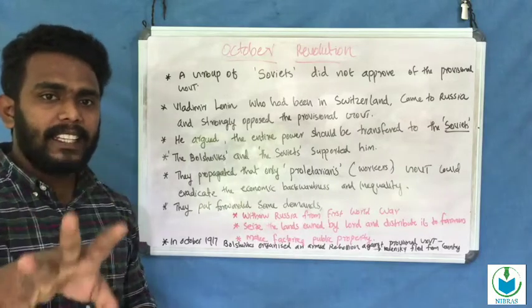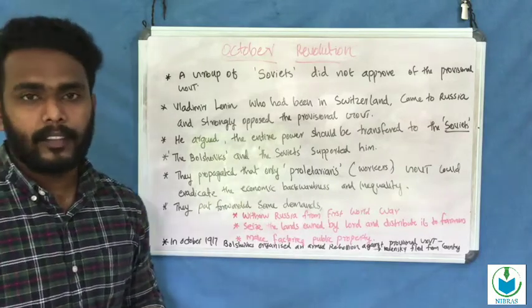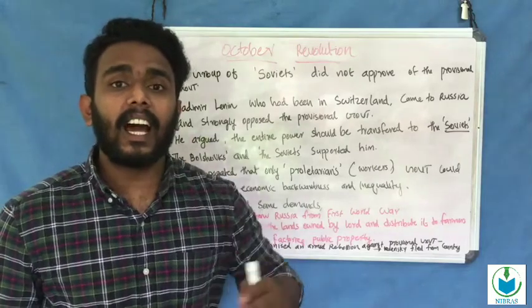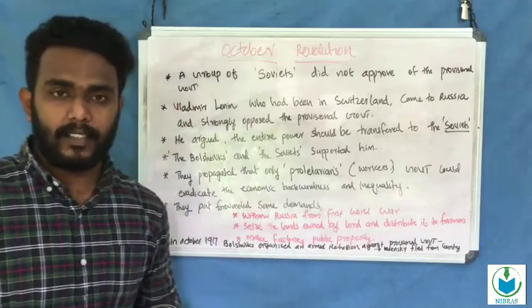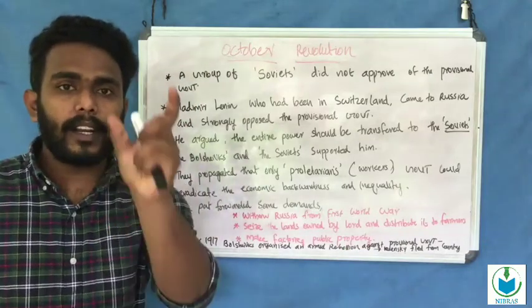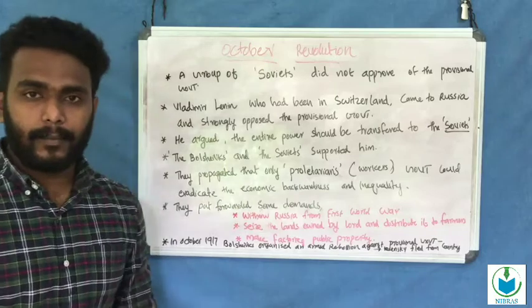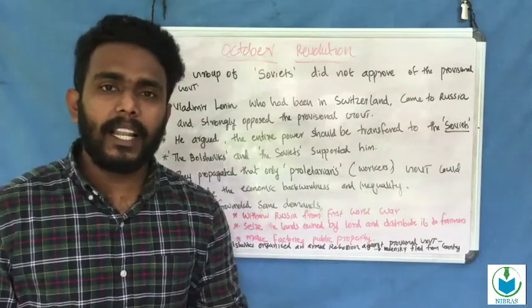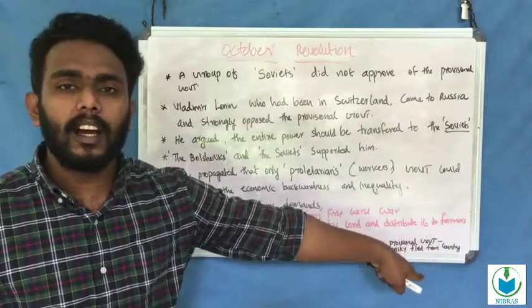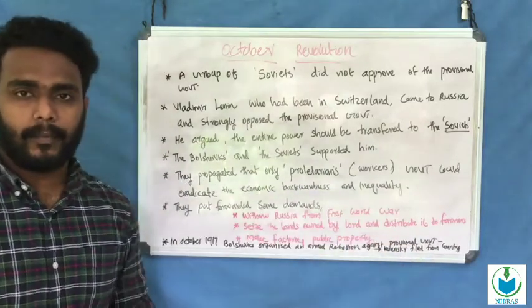And in October 1917, they organized an armed rebellion against the provisional government.